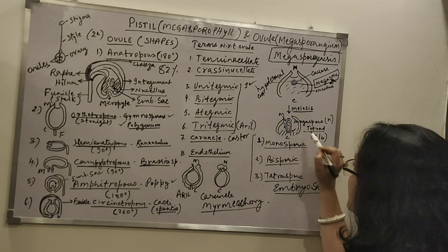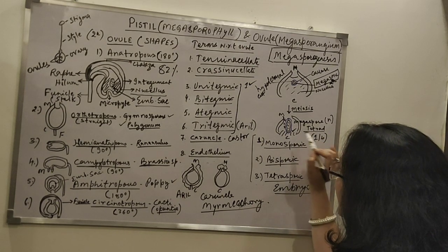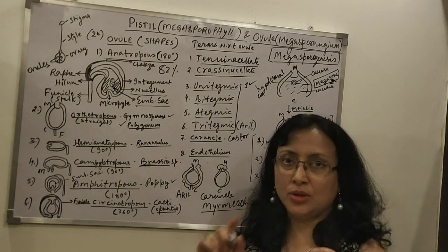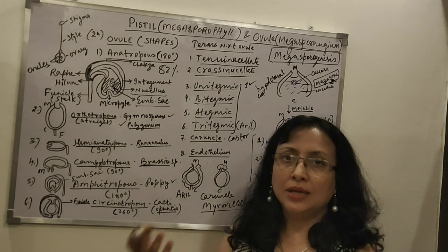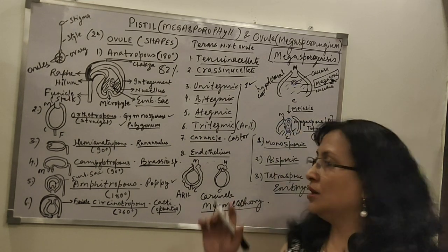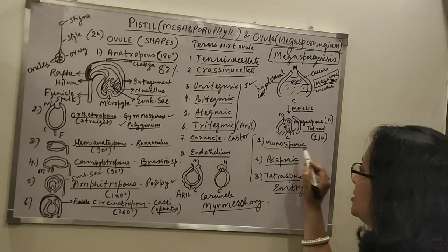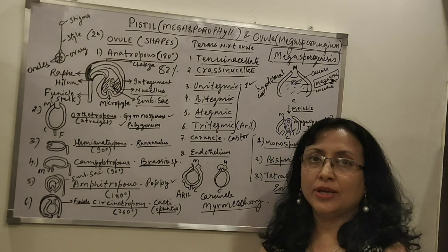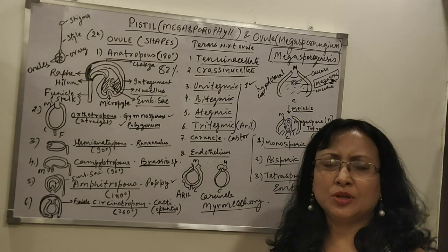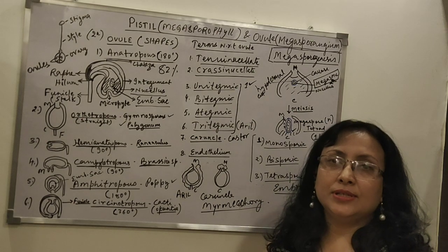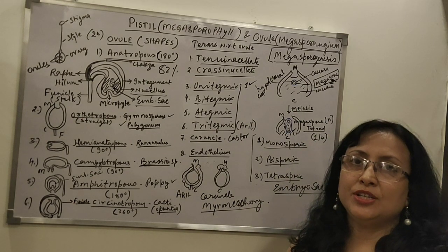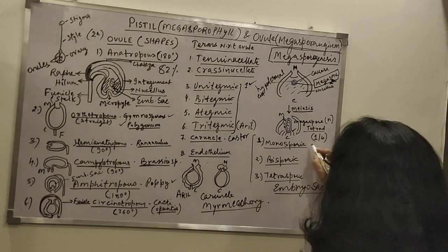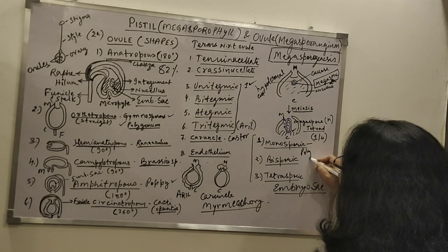If only one functional megaspore forms the embryo sac, we call it monosporic. I have written it here. The most common and usual type of embryo sac is monosporic. For example, polygonum, the one mentioned in your NCERT, is monosporic.